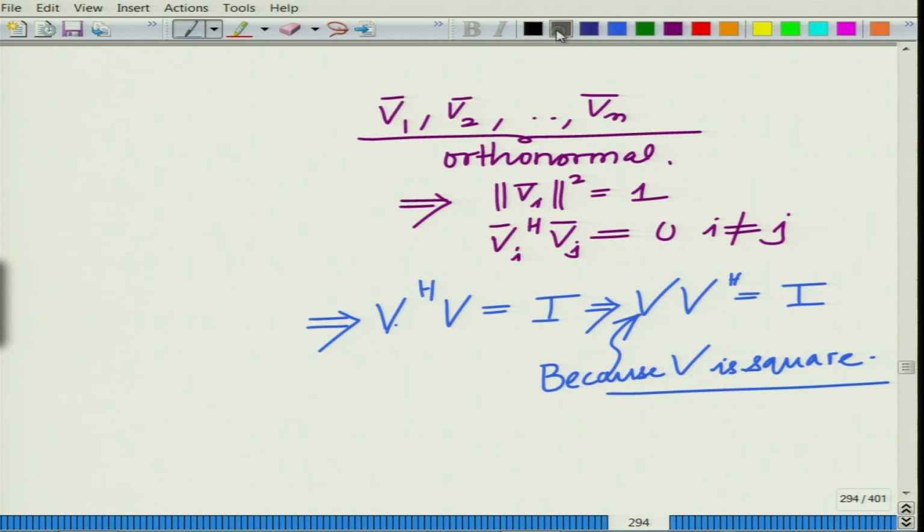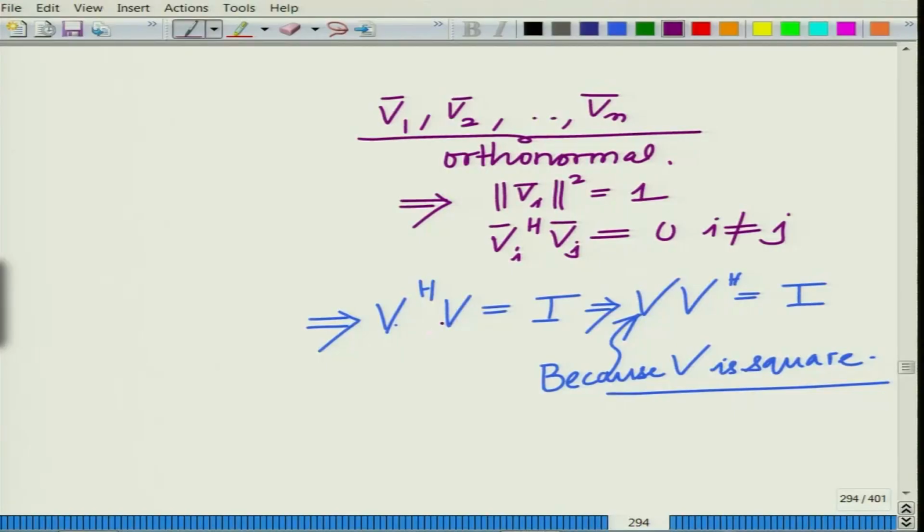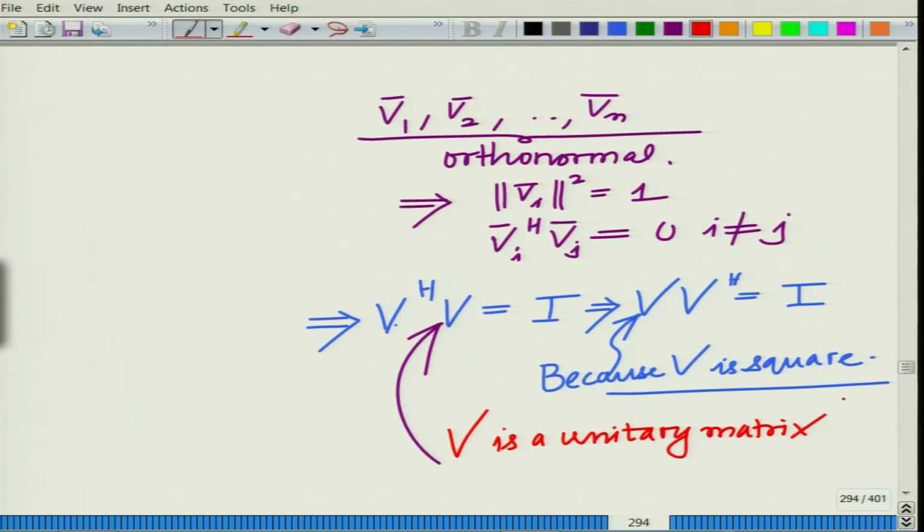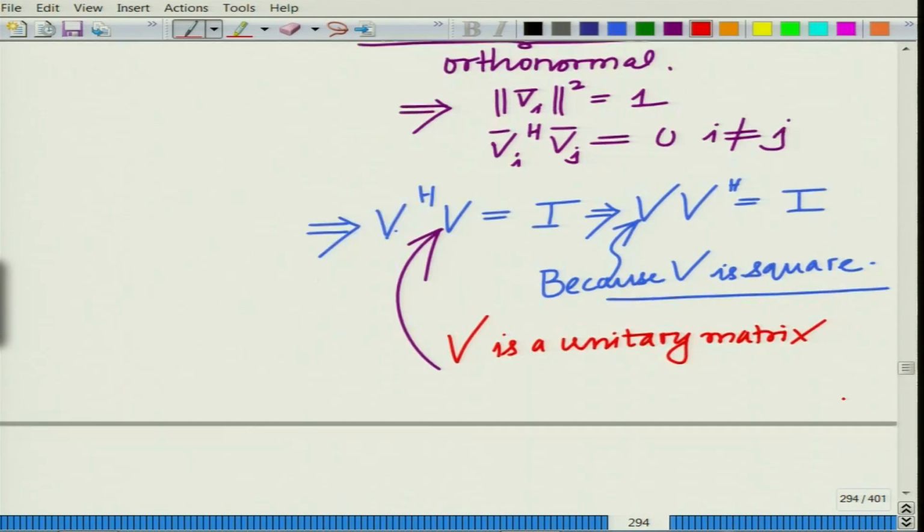Reason being, for a square matrix the inverse is unique and the left inverse is the same as the right inverse, that is, if AB is identity, then BA is also identity. So, V Hermitian V is identity implies that V V Hermitian should also be identity, and therefore, V is a unitary matrix.